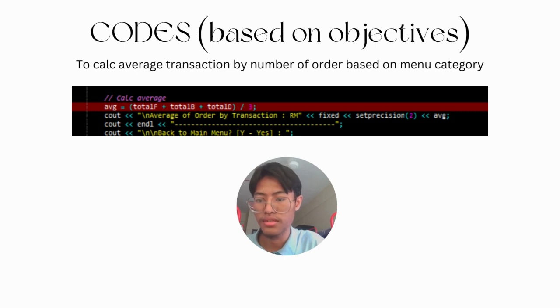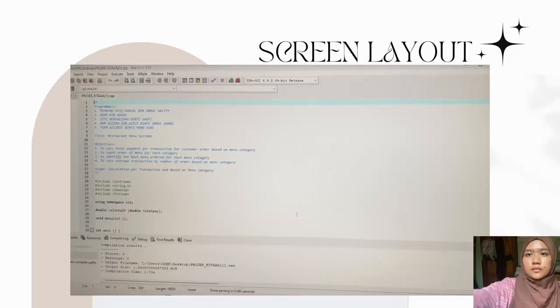So the calculation is total F, which is total for menu of food, total B, total for menu of beverage, and total D, total for menu of dessert.